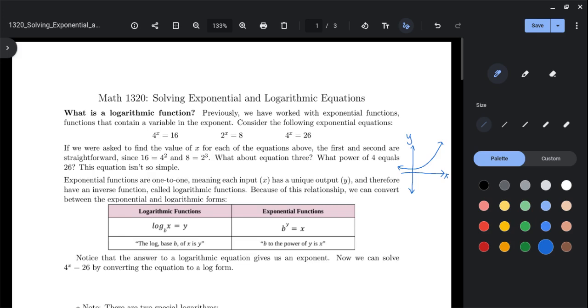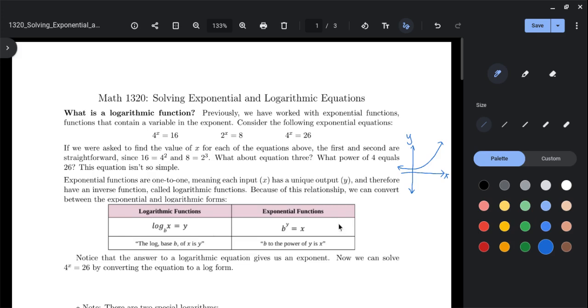Because of this relationship, we're allowed to convert between the two different forms of an equation. So here in the table, I have an example of a logarithmic function and an exponential function and how you would write one in terms of the other. For example here, we have log base b of x is y.